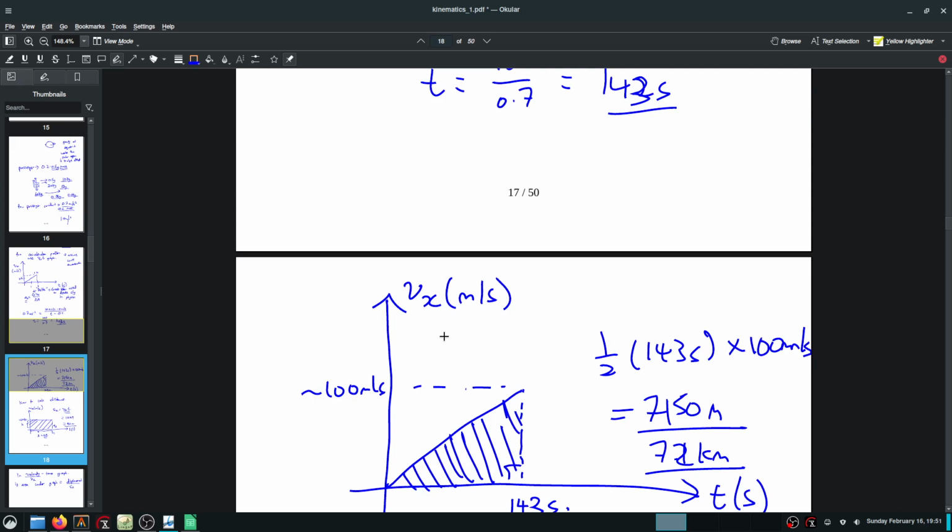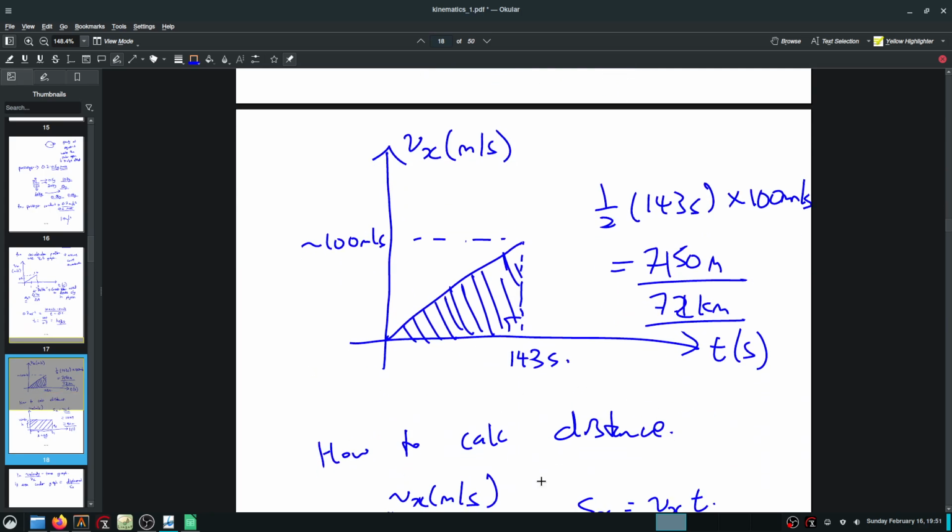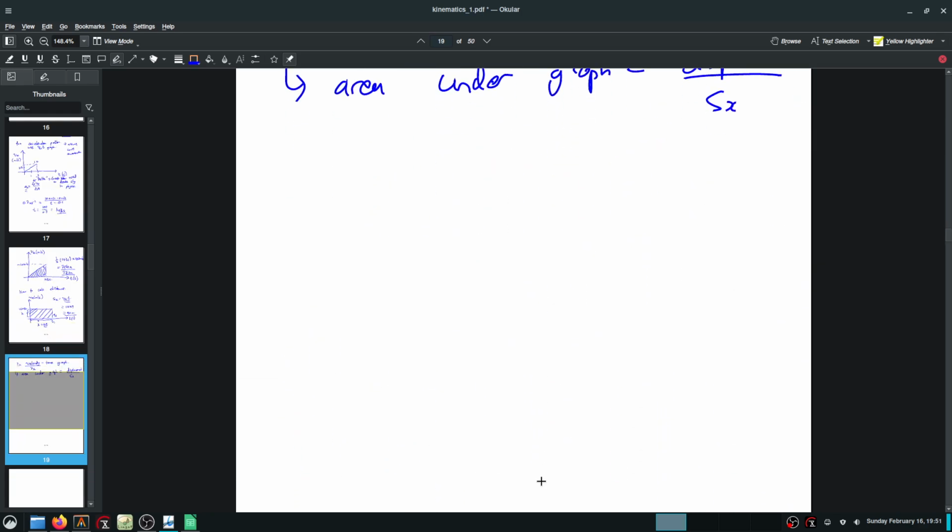You draw the velocity versus time graph, you calculate the area under the graph, and you will get the necessary distance.